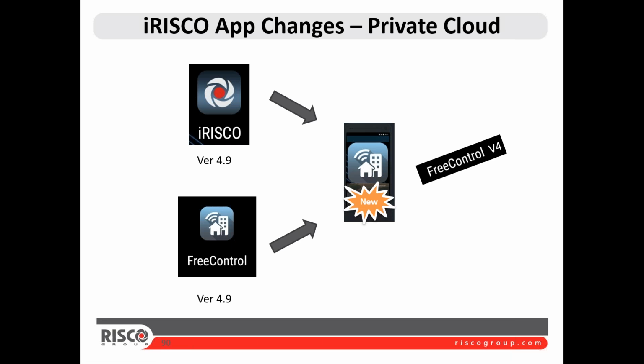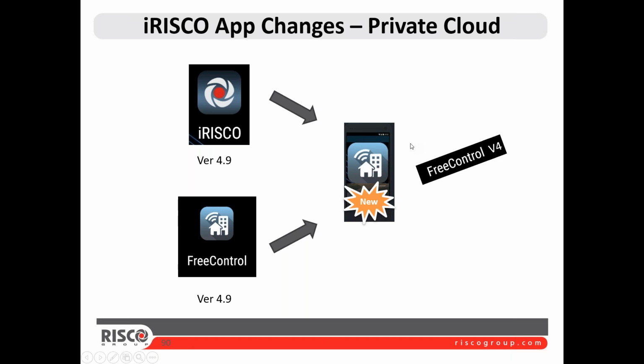All right, so if any of your customers are using the free control or iRisco on the private cloud, when the app updates, the new app will detect that it's got a custom URL and will invite the user to downgrade to free control version 4.